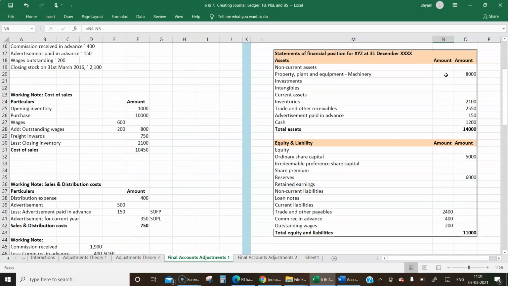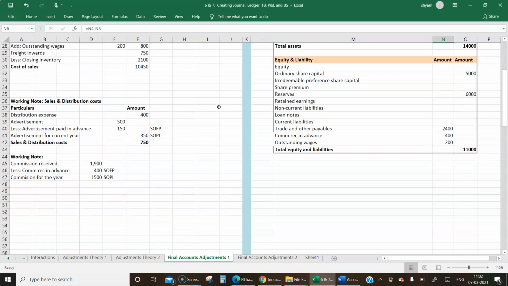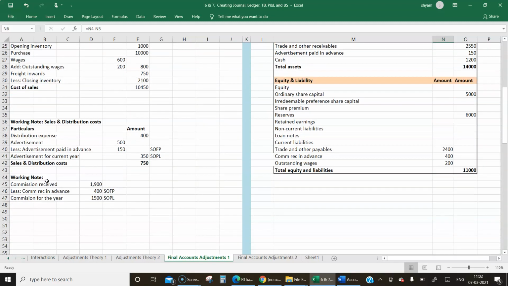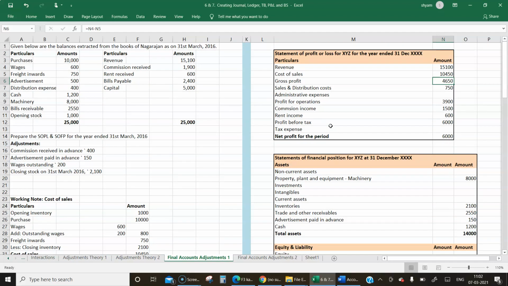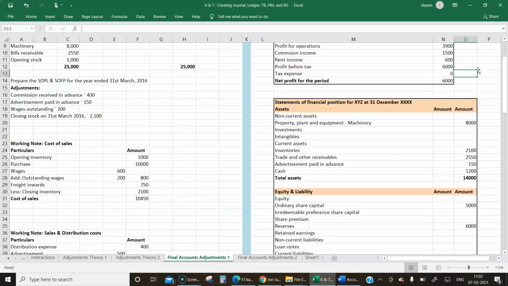And do we have any administrative expense? We don't have. So selling cost and sales and distribution cost we have put. Okay. And commission received, I think that also we have put. Okay. So we don't have any other number. And tax is not given in the problem. Okay. So 6,000 will go to the reserve part, and it has already gone there.